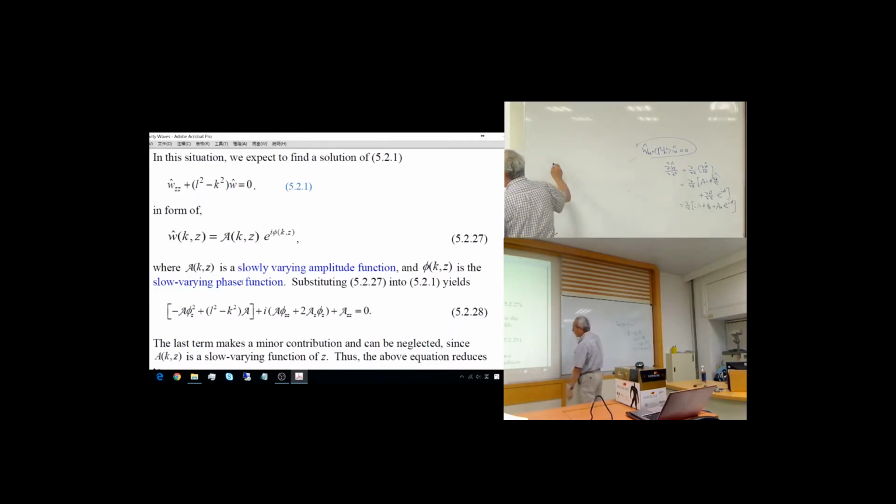So in that case, the first part will be equals to minus A, phi G square plus L square minus K square, and then we have A here, equals to 0.